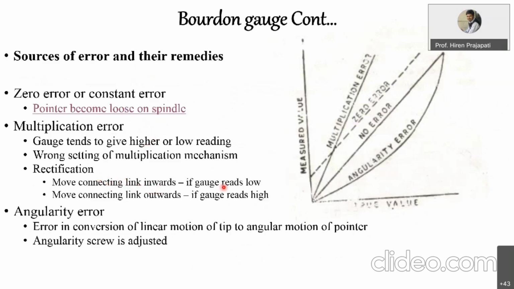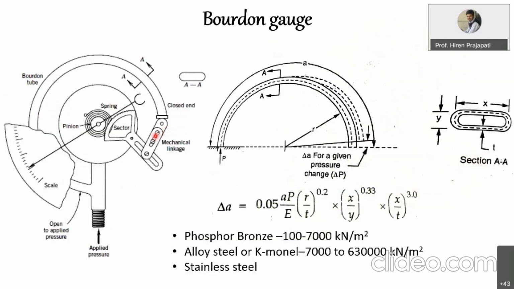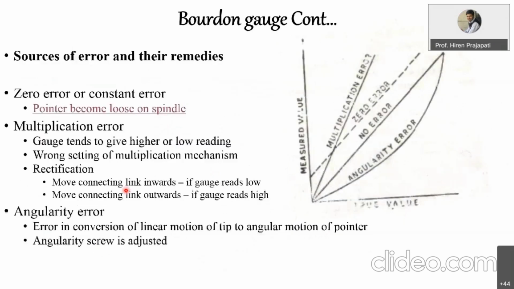If the gauge reads a low value, meaning if a lesser value is indicated, then move this link inward, towards this free end, right? And if it is showing a high value, then move the connecting link outward, right? By doing this, you can again try to remove this multiplication error.